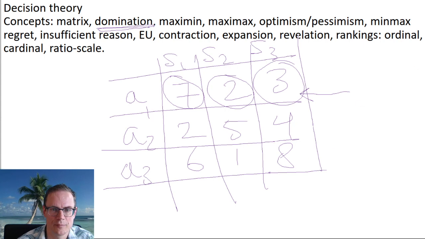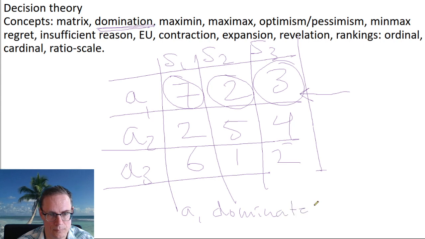So, for instance, suppose that 8 didn't say 8, but said 2. Well, if this were the diagram, then A1 dominates A3, because the outcomes in action A1 are all at least as good as the corresponding outcomes in A3, and at least one of them is even better. In this case, they're all better.